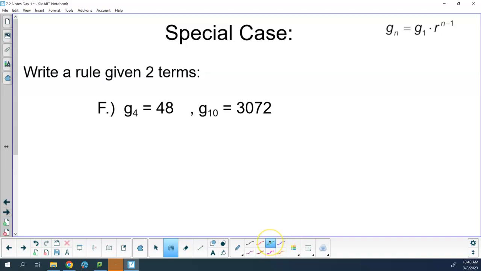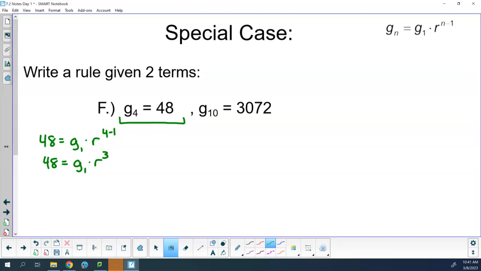I did green first. So 48 here. Is it going to have the smaller exponent?